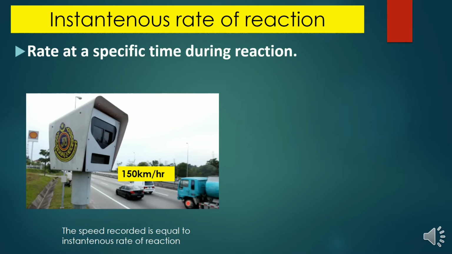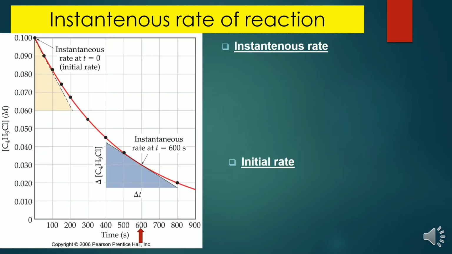The car is driving at a random speed, and then at the speed trap, the car was caught driving at 150 km per hour. So the speed recorded at that moment is equal to our instantaneous rate of reaction. So instantaneous rate of reaction refers to the rate of reaction at a particular instant.